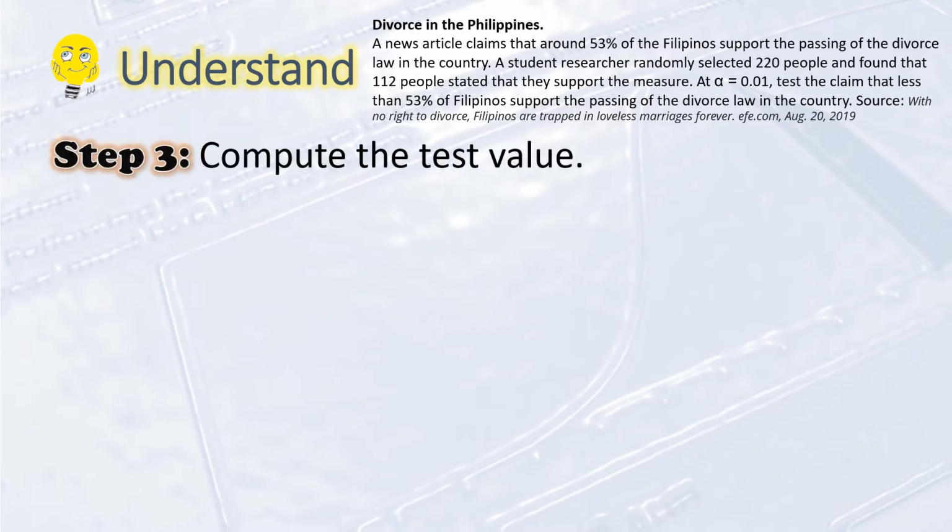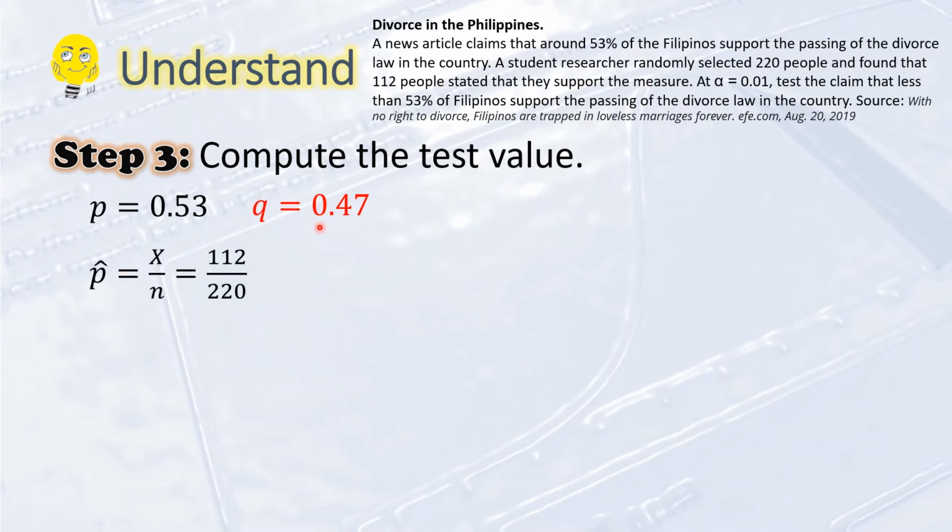For step 3, we compute the test value using the formula given in the previous slides. From the given information, we have the population proportion as 53%, so we have 0.53. To get q, that is 1 minus p, or 1 minus 0.53, so we have 0.47.